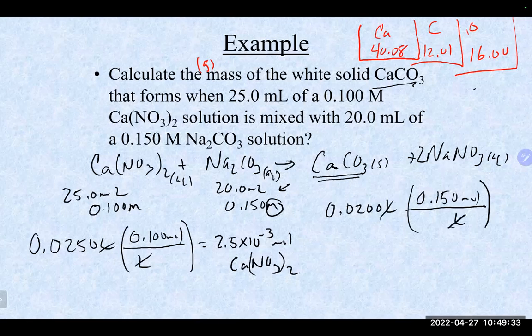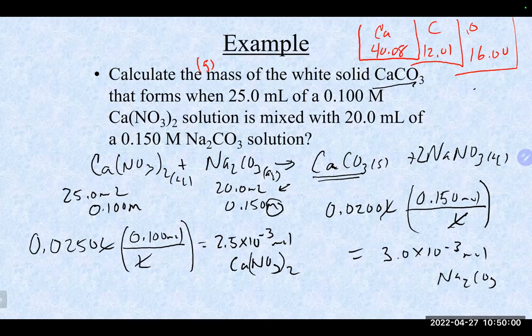Once again, the liters will cancel, and that will get us 0.02 times 0.15, something like 3 times 10 to the minus 3 moles of our sodium carbonate, or 0.003 and 0.0025. Any questions on that so far?